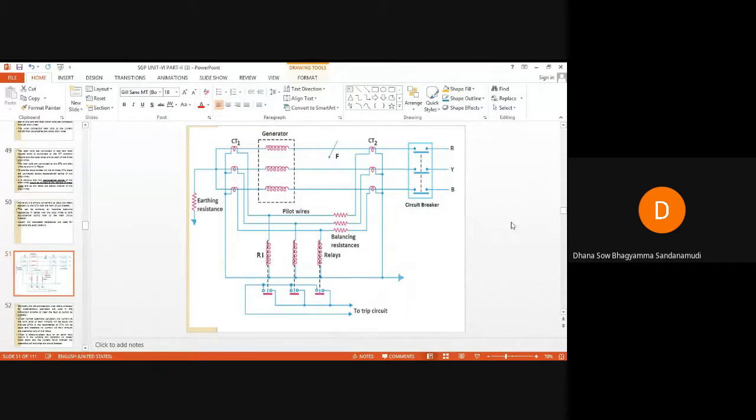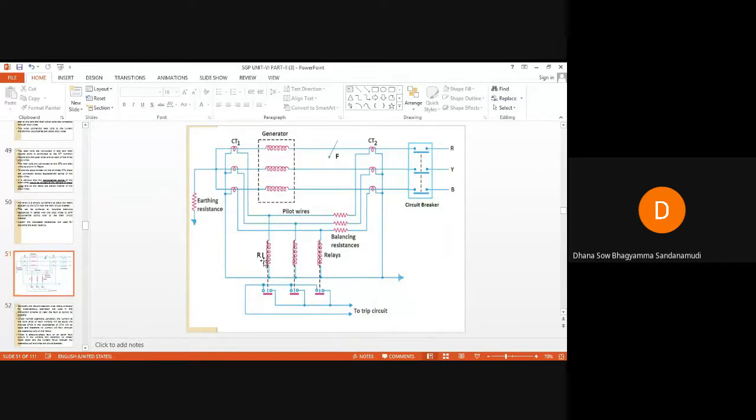Because of the LG fault that has occurred in phase R, I1 current will flow in the secondary of CT1 and I2 current in CT2. The difference of I1 and I2 will flow through this relay coil R1.